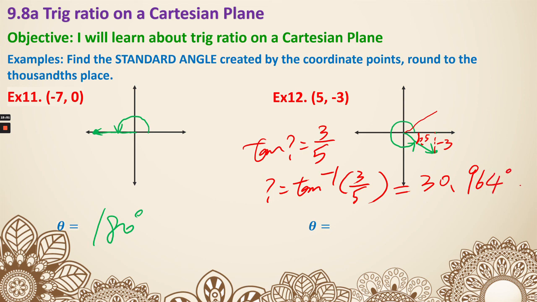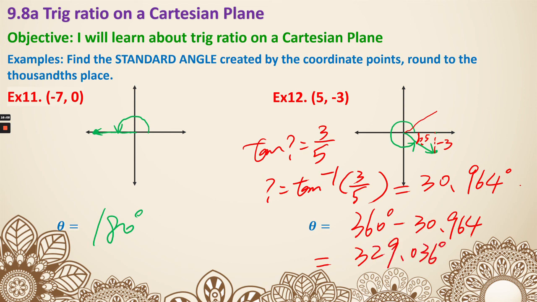If you look at the relationship between the red angle and the green angle, they actually make up 360. So I just need to use 360 degrees minus 30.964, and that is going to give me 329.036 degrees. And that's the angle that I actually need.